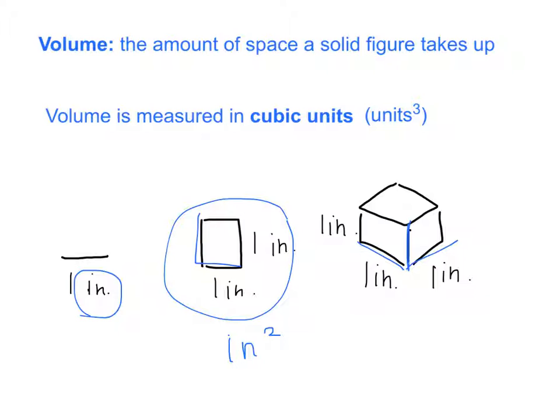So because now we have three dimensions, we need to use cubic inches or cubic units. It can be cubic centimeters, cubic meters, cubic feet, cubic yards. They need to be cubic because there are three dimensions that you're measuring in at the same time.